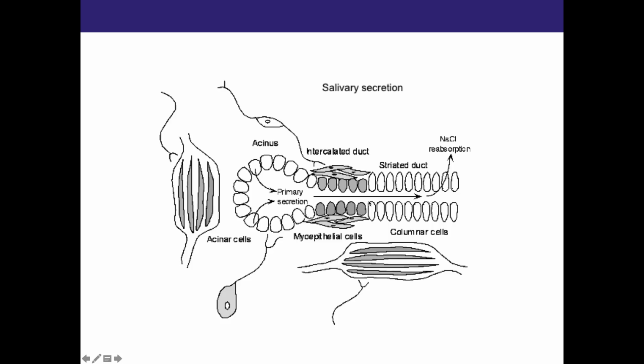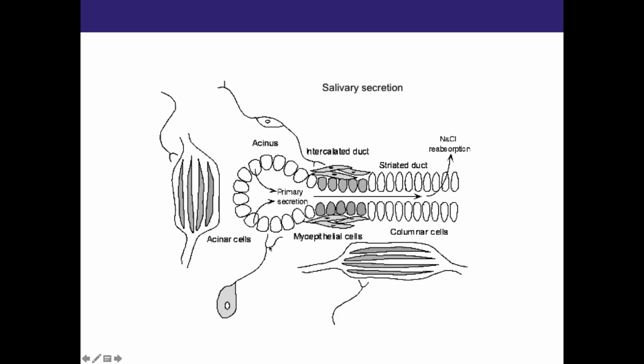You can also see at the neck these myoepithelial cells. Myo means muscle. They're smooth muscle-like cells that surround the neck of the salivary glands and can control the flow. What's really interesting is that these symbolize different neurons.